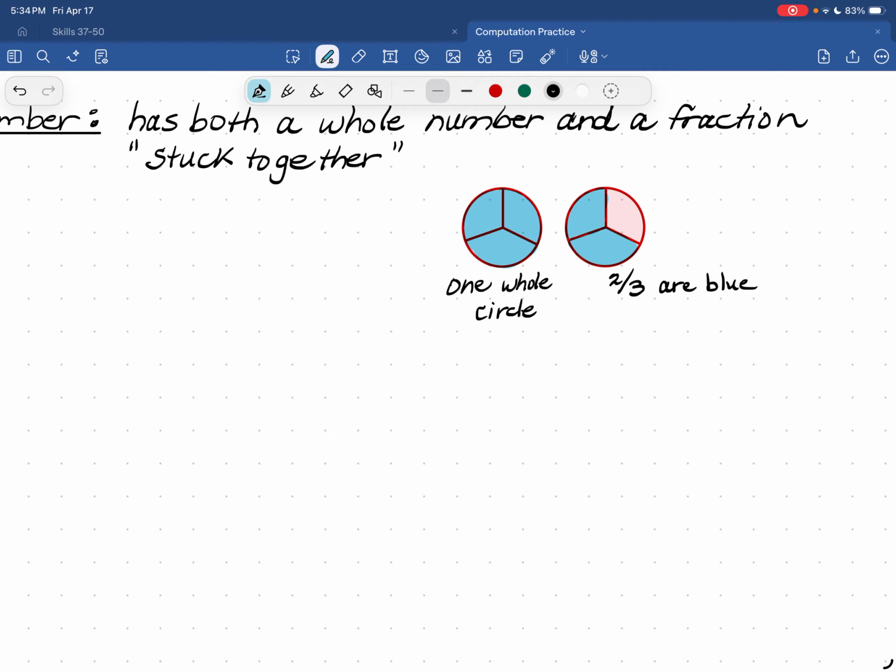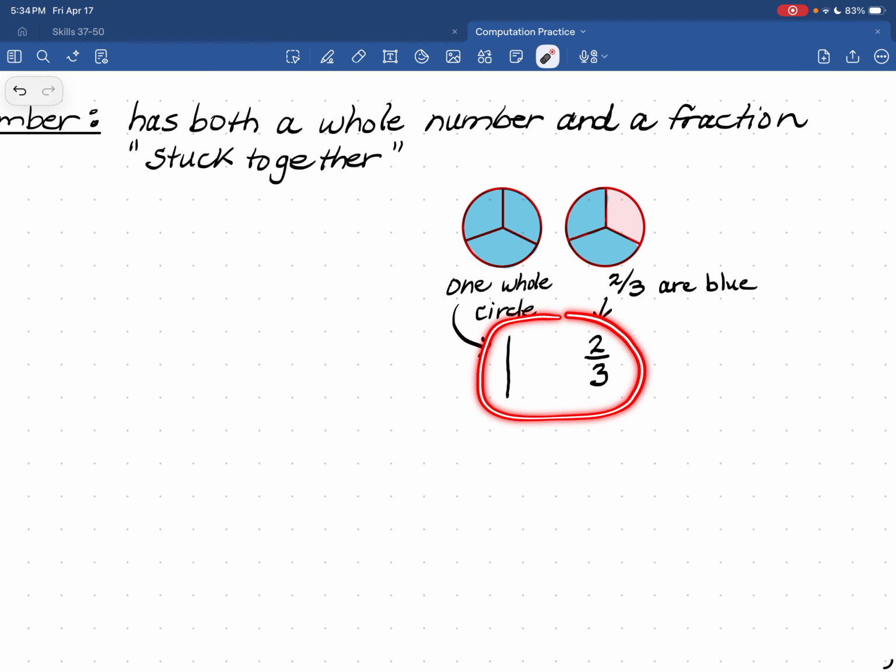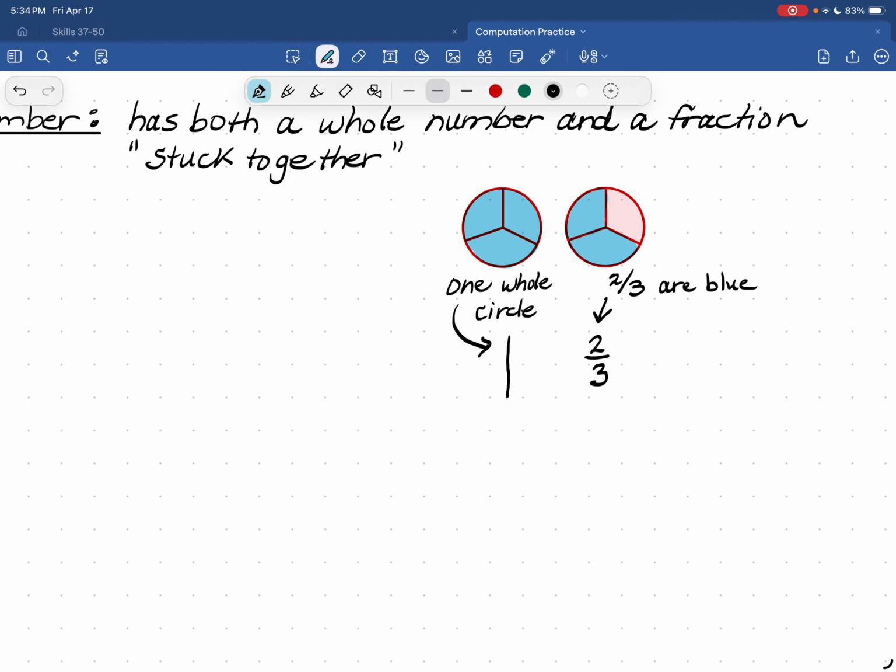So the mixed number would be this one whole circle and this 2/3 of that circle. Okay, and to get the mixed number, we need to squeeze these together. So we would have 1 and 2/3. That is called a mixed number.